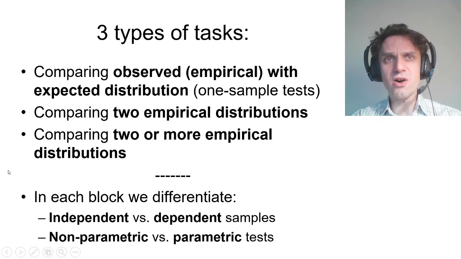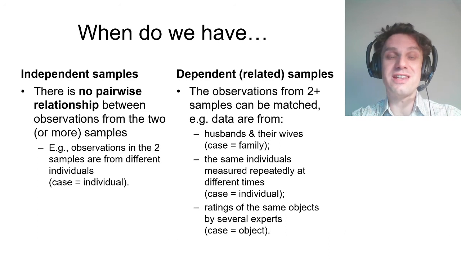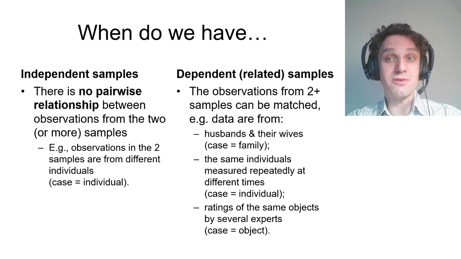So what are all those things? Tasks we will discuss slightly later when we approach them. But what is the difference between independent and dependent or related samples? It's very straightforward.